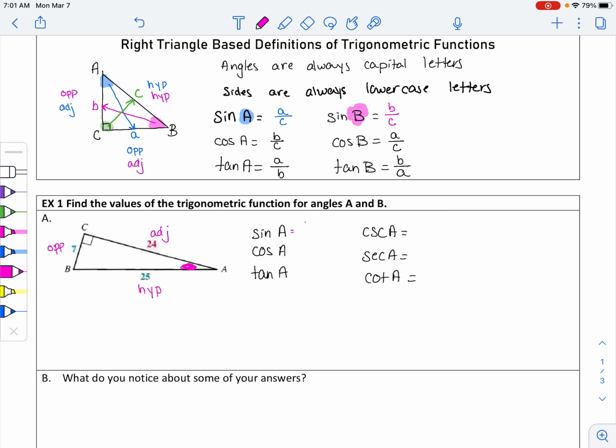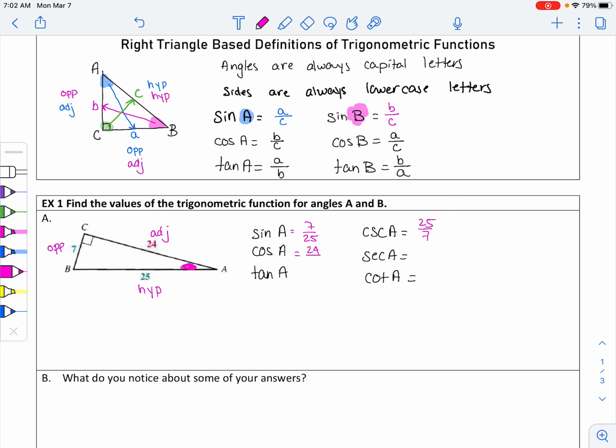Guys, I'm so sorry. Let's back that up. Let's go back to sine. Sine is opposite over hypotenuse, so 7 over 25, and flip that fraction for cosecant.